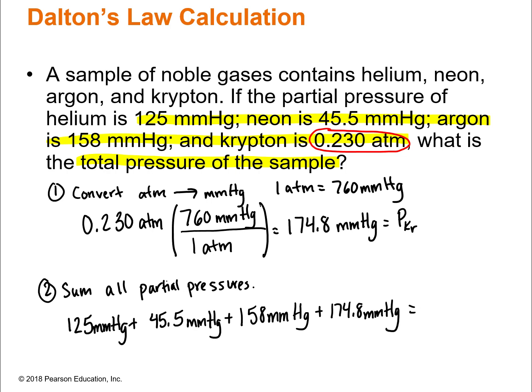When you add all those things together and you take into account sig figs, you get 503 millimeters of mercury.